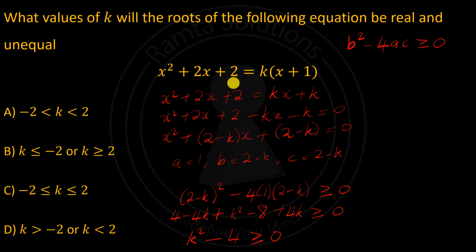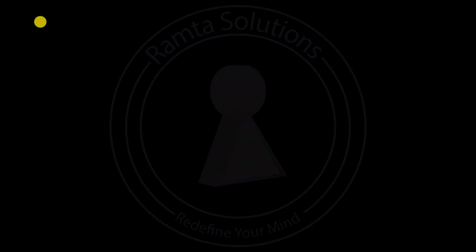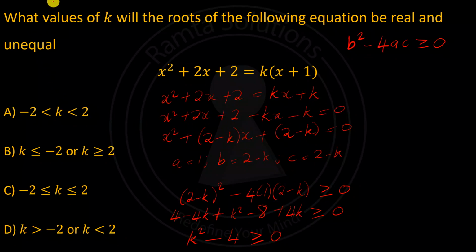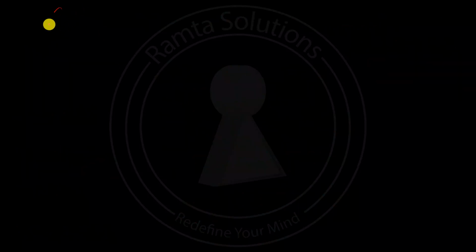Right? Now going to the next page, we said we have k squared minus 4 is greater or equal to 0. So we will factorize. This is a difference of two squares. It will be k minus 2 all multiplied by k plus 2 is greater or equal to 0.